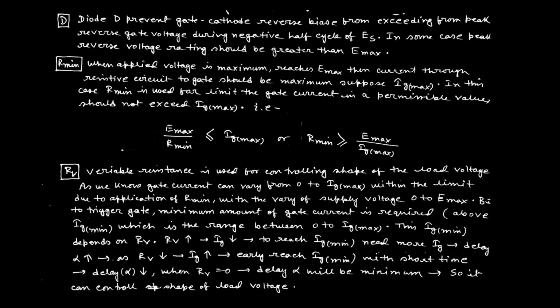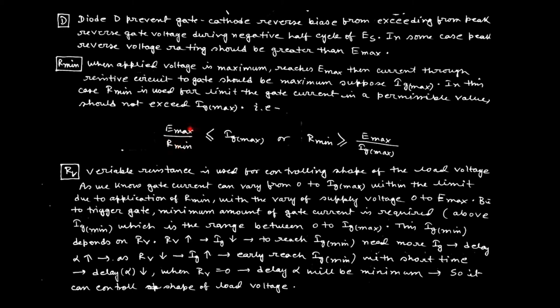If Ig max exceeds its rated value, then the junction J3 can be permanently damaged. That is why, to protect the thyristor from overheating, we normally use Rmin, which prevents excessive current from flowing across the gate. It permits the permissible amount of gate-to-cathode current, which can be expressed by Emax by Rmin.